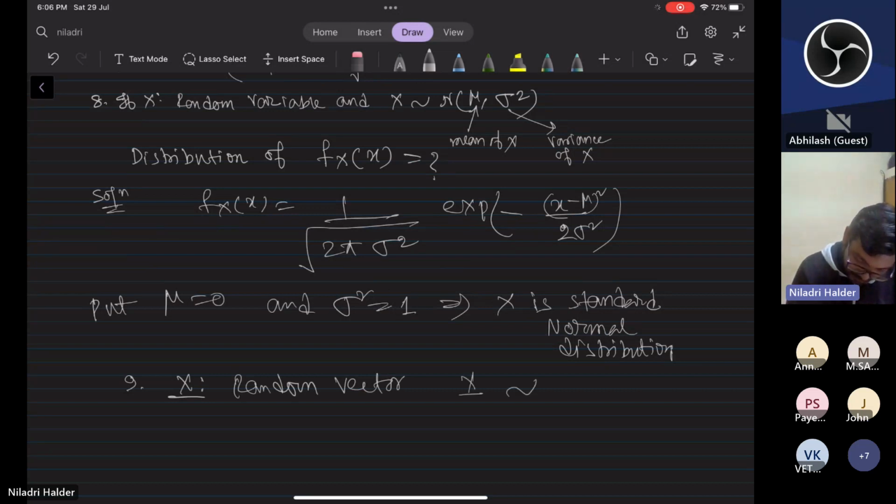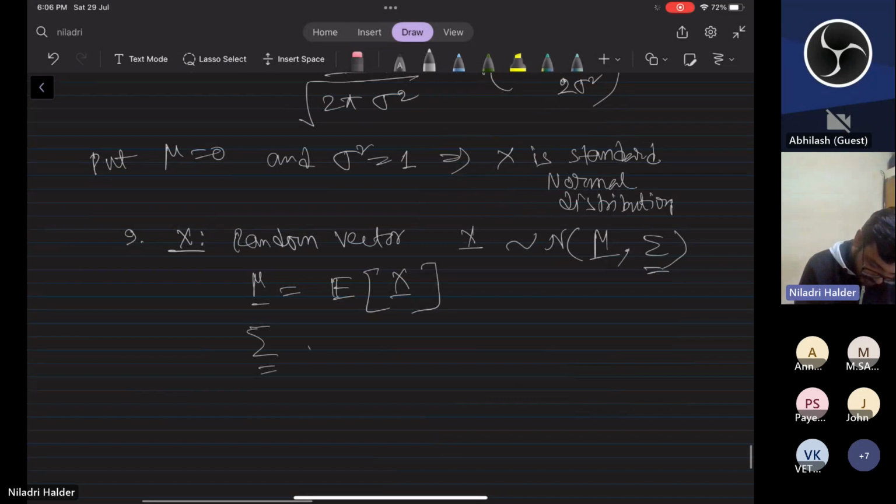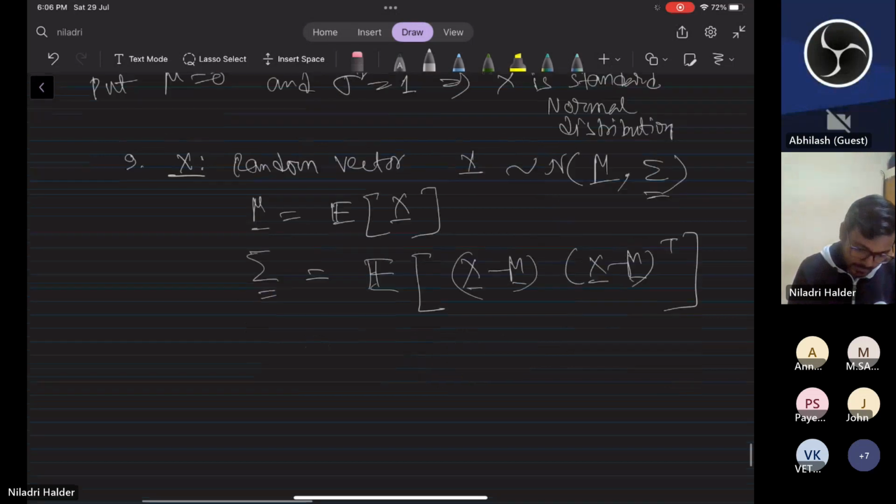Suppose it's a random vector with mean mu and covariance matrix sigma. So the mean is the expectation of x, and sigma is equal to the expectation of (x minus mu)(x minus mu) transpose.